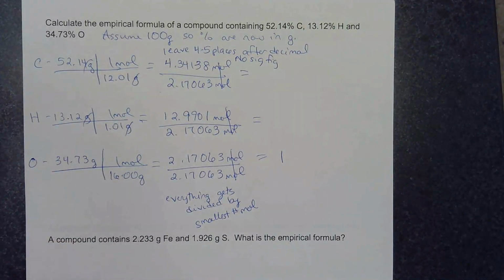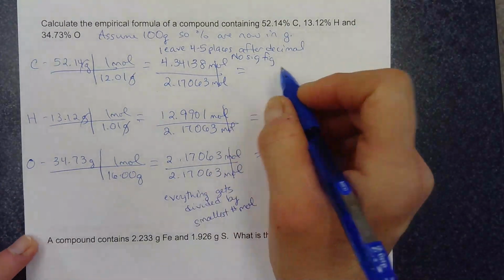Now, tell me what you get for the others. And remember, it's within a tenth. If it is within a tenth, it is that whole number. So what's carbon? 2. Do you get 2?